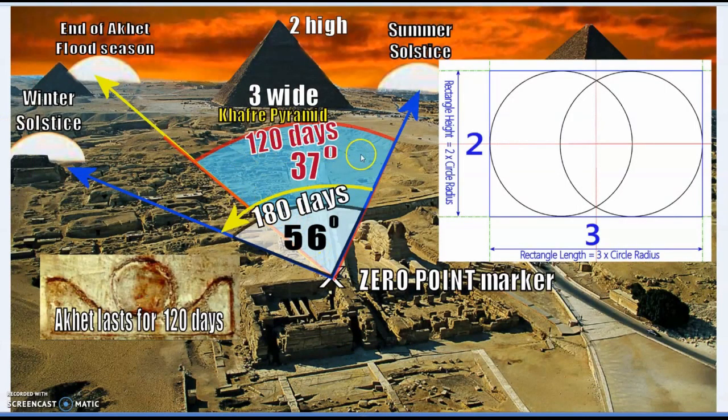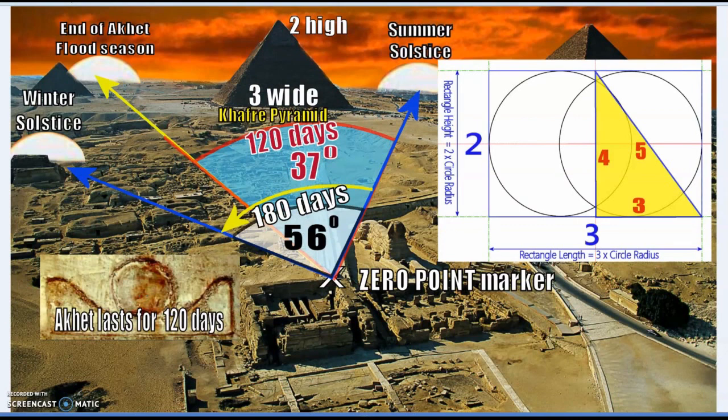Alright, so that 120 day period of beginning Akhet, summer solstice, the angle would be a fraction either way of 37 degrees, again depending slightly.